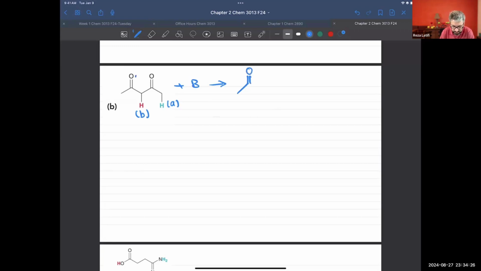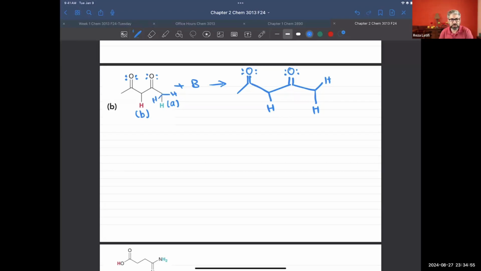Oxygen, in order to have an octet, needs 2 lone pairs, so I'm going to put 2 lone pairs on each oxygen. Then we have a hydrogen, and here oxygen with 2 lone pairs. Then we have a carbon, and that carbon has 2 hydrogens. Remember we have 2 hydrogens there.